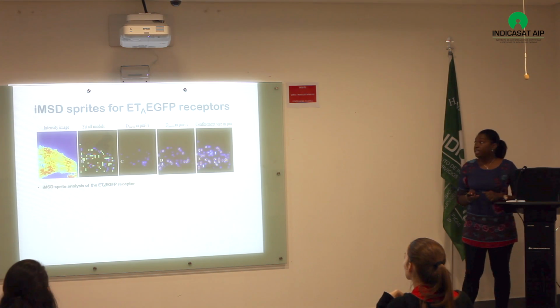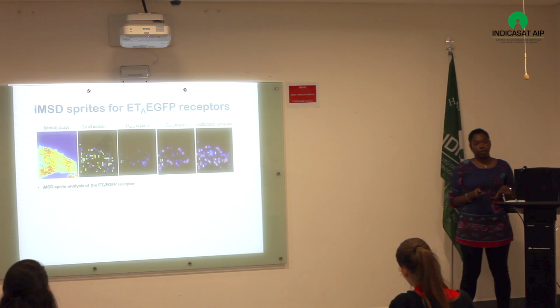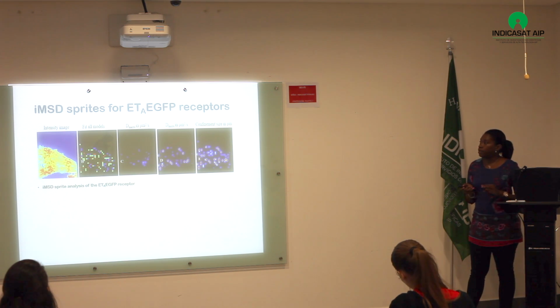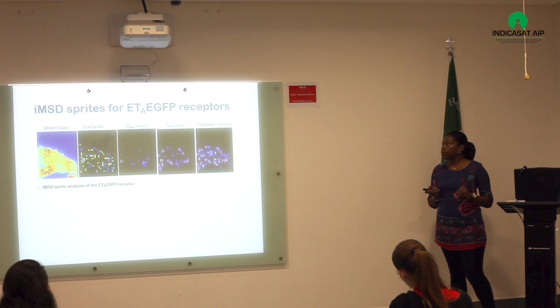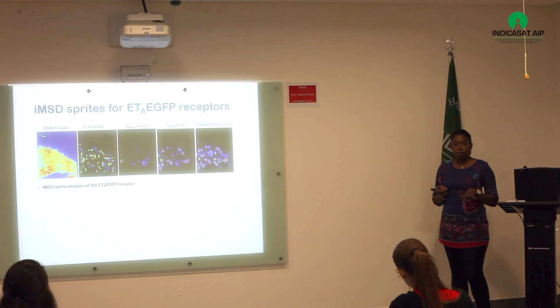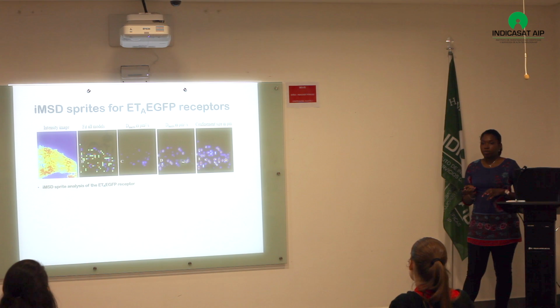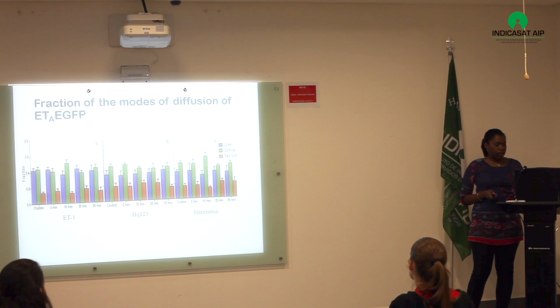For the ETA EGFP receptors, here we also obtained the map of the mode of the diffusions and the map of the long-range diffusion, the local diffusivity, and the confinement zone. In this map, we also saw that most of our molecules were diffusing within microdomains, in the confinement zone.